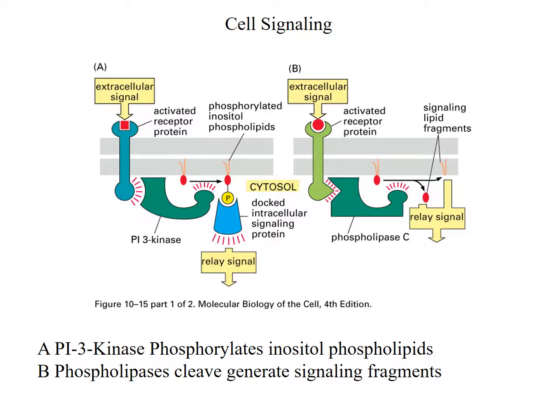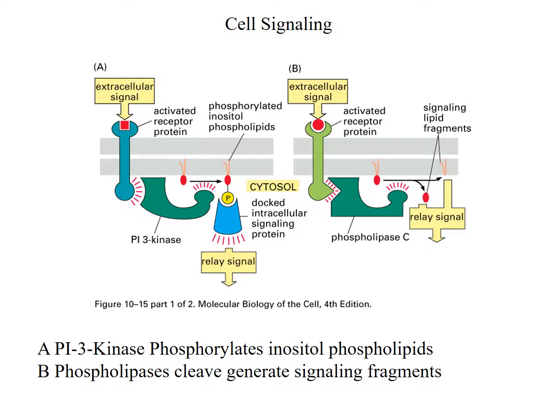So there's a kinase signaling, where the lipid is actually phosphorylated, and then this protein binds to phosphorylated lipids. Okay. B is called phospholipases, which generate signaling fragments.